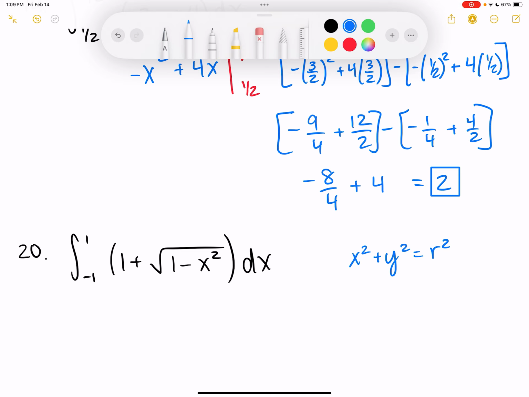Okay, so if I move the x over, I would have y squared equals r squared minus x squared. Take the square root. y equals the square root of r squared minus x squared. Well, what does that kind of look like, what we had there? Yeah, with a radius of 1. So that's my semicircle part.